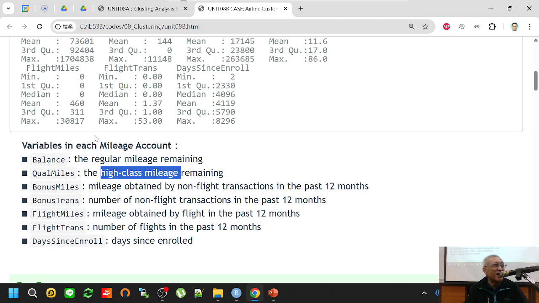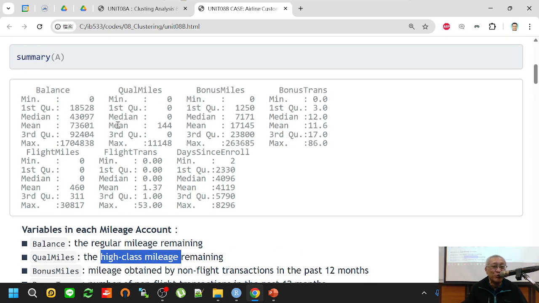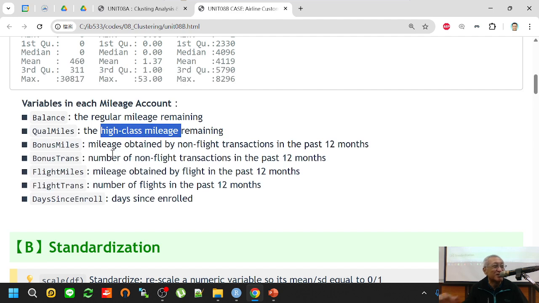Maybe you accumulate high class mileage when you fly business class. So these first two columns are the balance of your remaining mileage, the mileage that you accumulated.